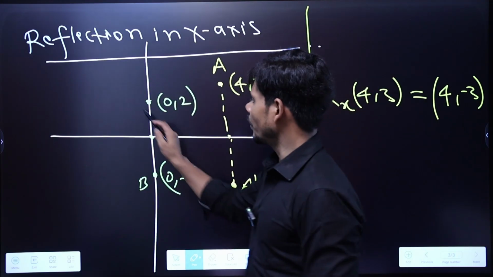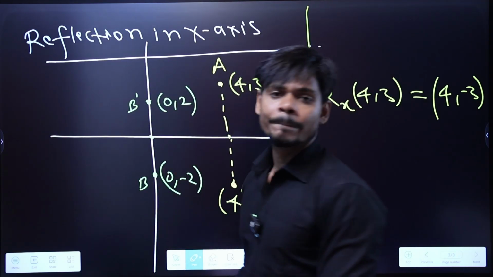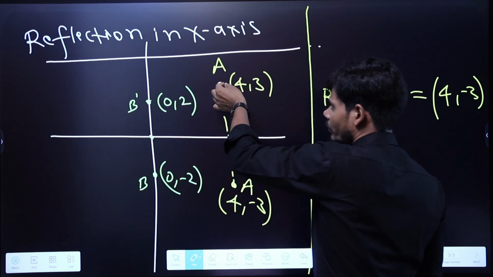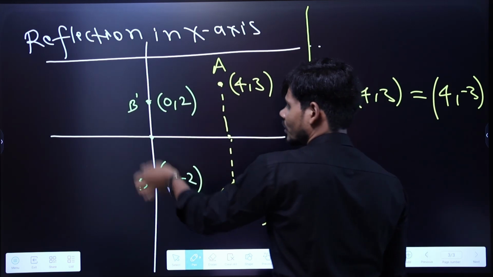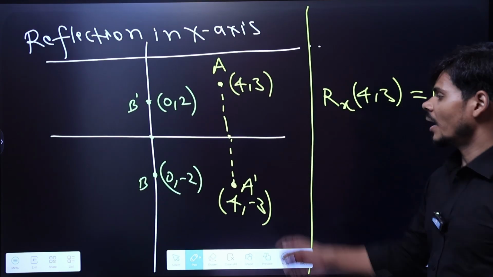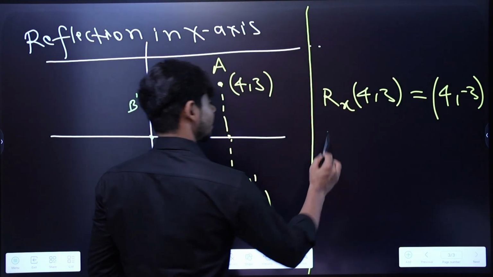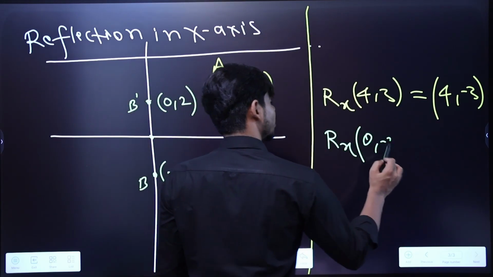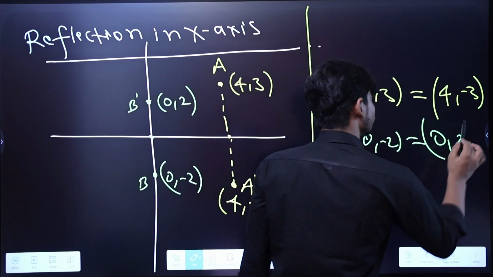Let's name it B dash. So this is B and this is B dash. Again you will observe that the reflection about x-axis of (0,-2) is (0,2).